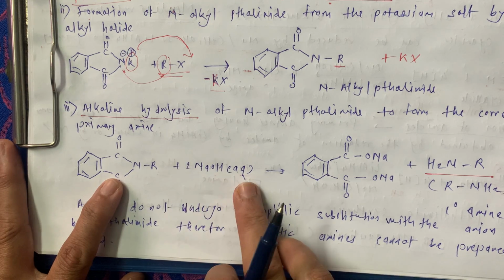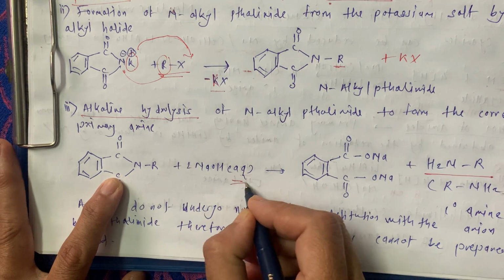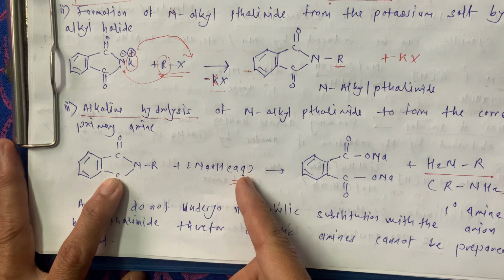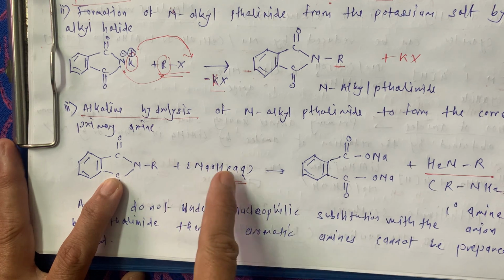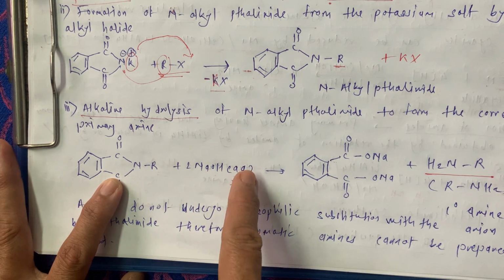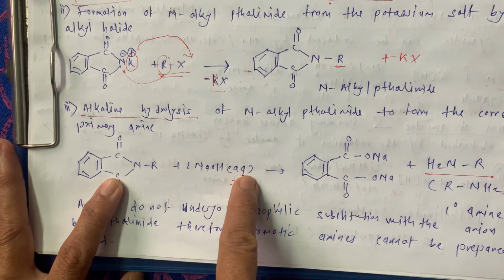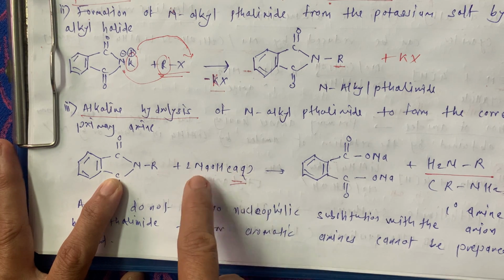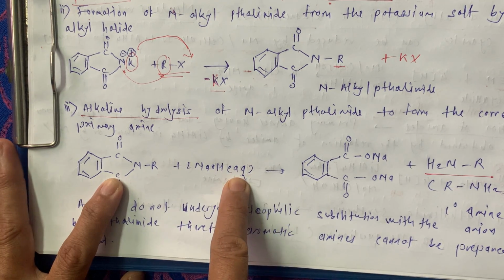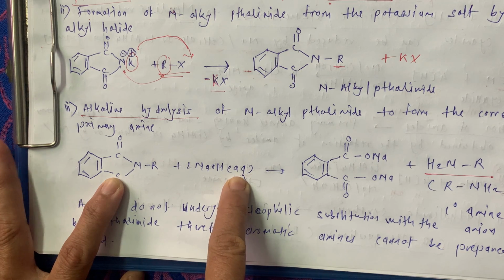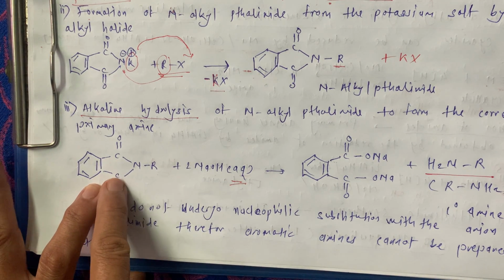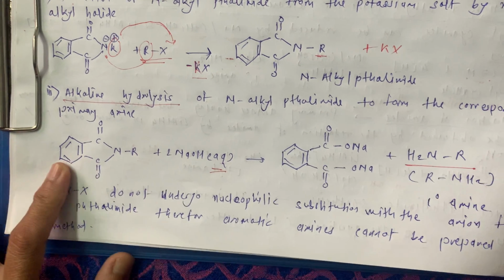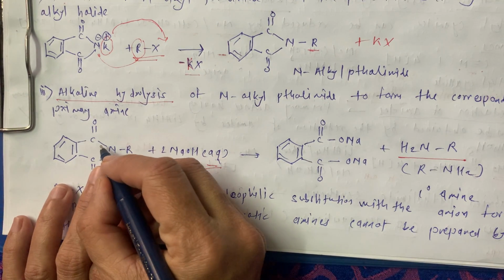This is twice NaOH, aqueous. AQ represents aqueous, means sodium hydroxide dissolved in water is known as aqueous. This is not liquid, this is aqueous. Please remember this thing.